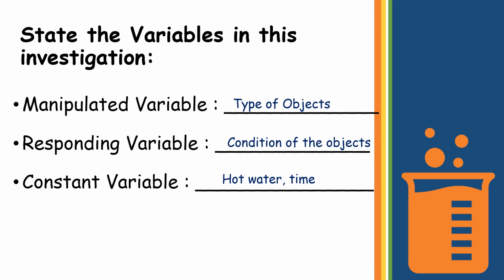The responding variable will be the condition of the object before and after we put it into the hot water. The constant variable will be the volume of hot water that we use or the time that we immerse each and every testing object into the hot water.